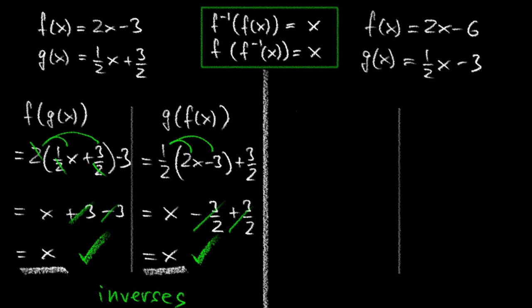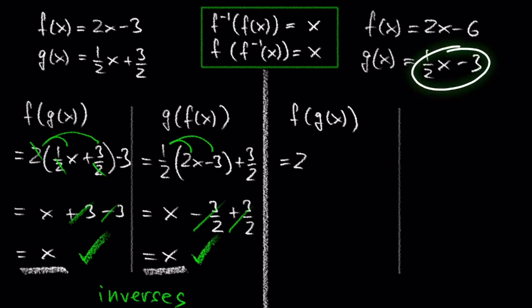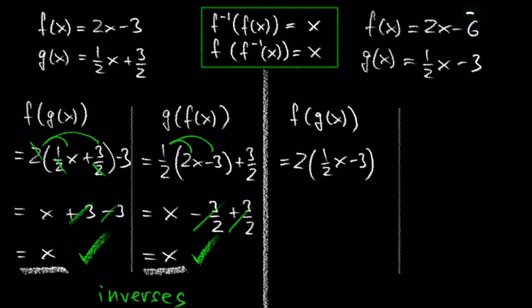Let's start again with f of g of x equals 2 times 1/2 times x minus 3 minus 6. 2 times 1/2 times x is x, and 2 times negative 3 is negative 6. So we get x minus 6 minus 6. Negative 6 minus 6 is negative 12.